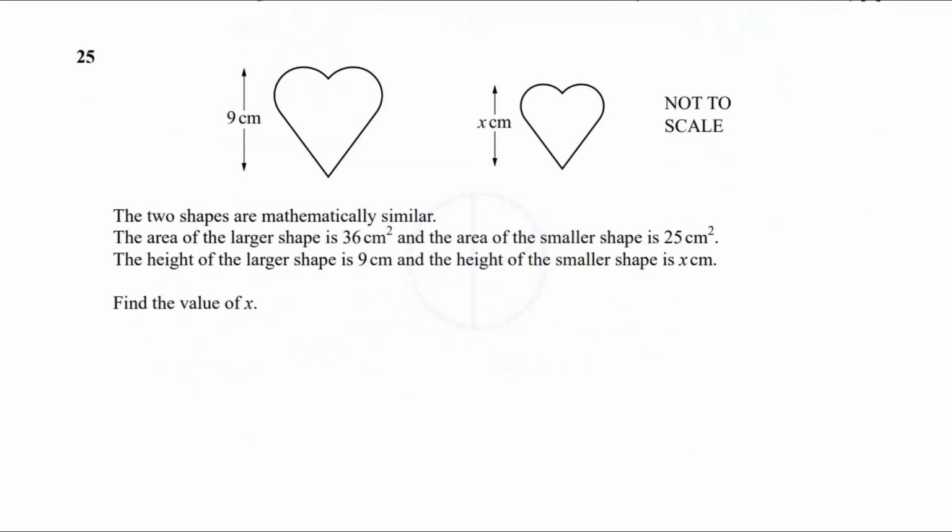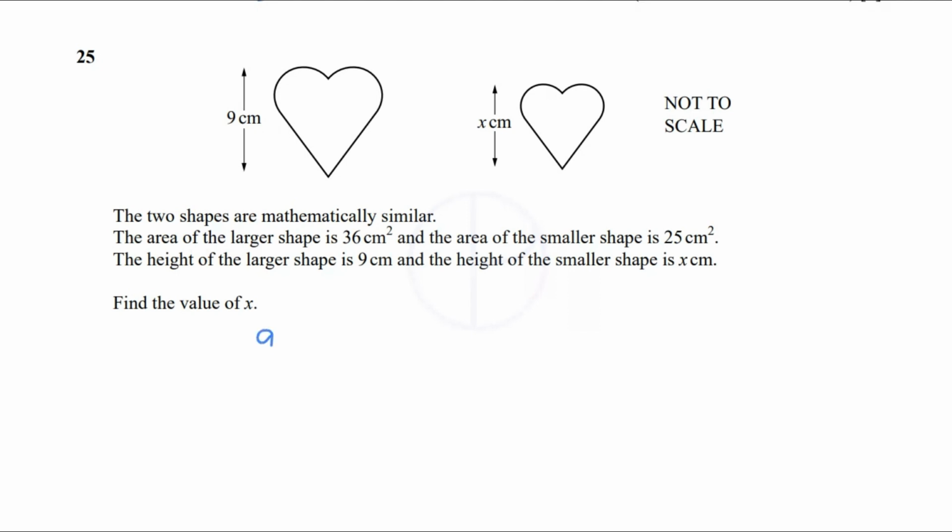The next question is: the two shapes are mathematically similar. The area of the larger shape is 36 centimeters square and the area of the smaller shape is 25 centimeters square. The height of the larger shape is 9 centimeters and the height of the smaller shape is x centimeters. Find the value of x. So the heights of the two shapes are given.